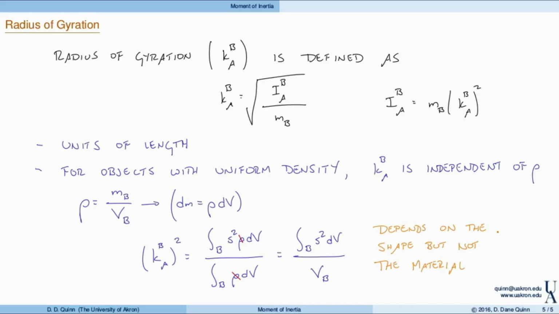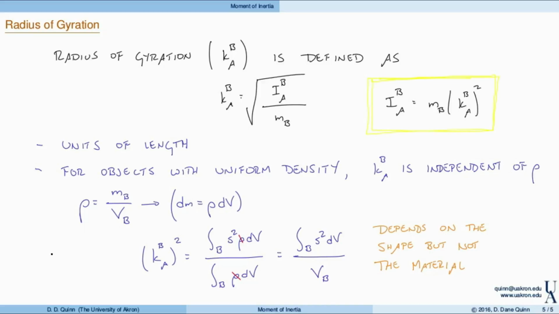However, if the shapes of those two objects were the same, then the radius of gyration would be identical. And of course, the influence of the mass would come about through this relationship between the moment of inertia of the body about point A and the radius of gyration of the object about point A.